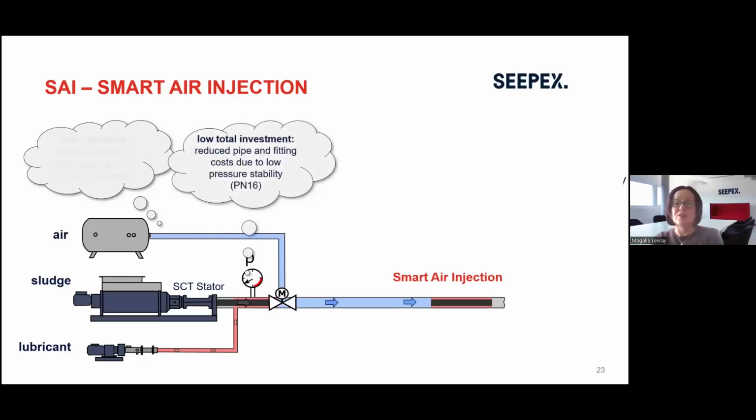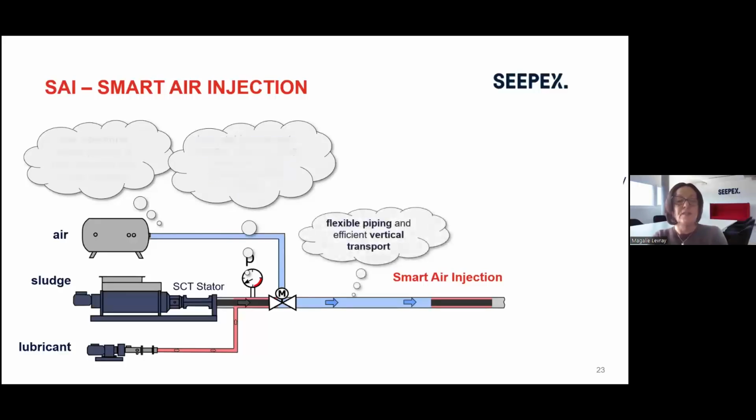We have a low total investment. We have reduced pipe and fitting costs due to low pressure stability. We can use indeed PN16 instead of PN120. We can use flexible piping that is also efficient even when we have vertical transport.